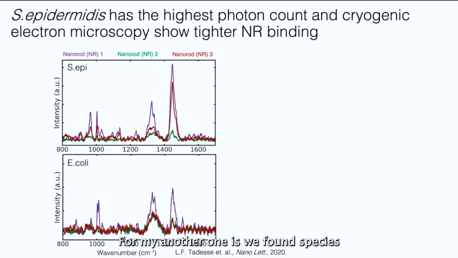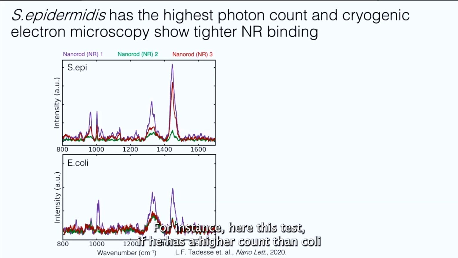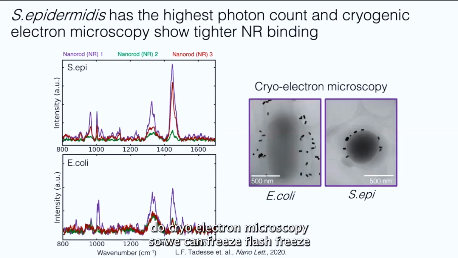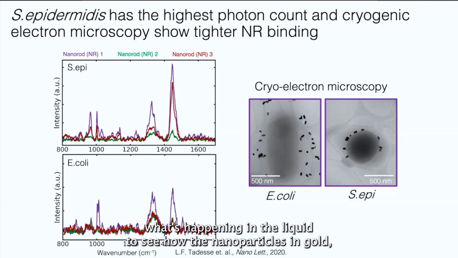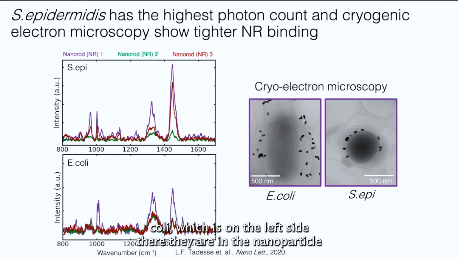Another one is we found species-specific enhancement performance. Some species had higher photon counts than others. For instance, here the Staph epi has a higher count than E. coli. And when we do cryo-electron microscopy, so we can flash freeze what's happening in the liquid to see how the nanoparticles in gold or cells are interacting, we find that the nanoparticles around the E. coli, which is on the left side there, are around the cell, but not necessarily closely bound to the surface.